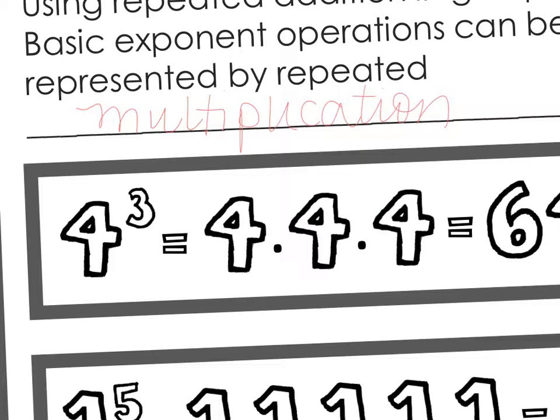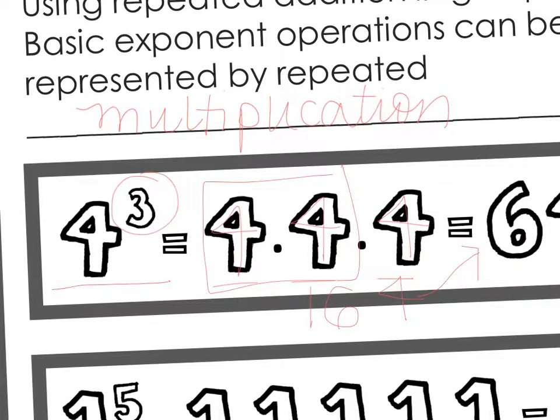So I could put 4 times 4 times 4, 3 times. That 3 times comes from the exponent 3. So if I do 4 times 4, I get an answer of 16, times 4 again, and 16 times 4 gives me 64. So if I had the problem 4 to the third, and I wanted to evaluate or solve that, my answer would be 64.